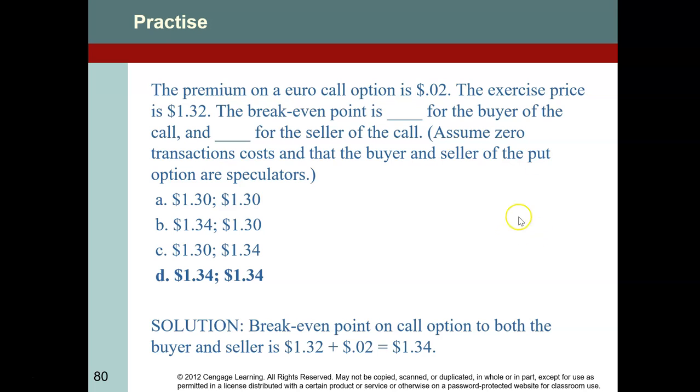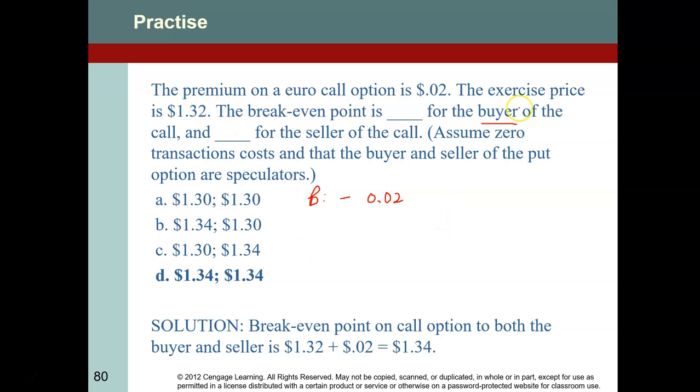Let me put buyer here. For the buyer, if we're going to exercise the call option, we have to pay 0.02 anyway, to purchase the call option, to pay for the premium.